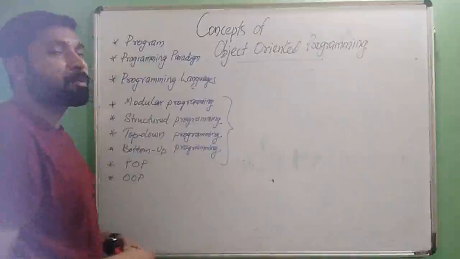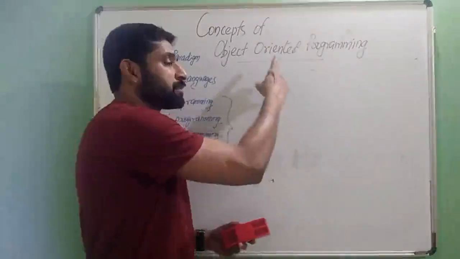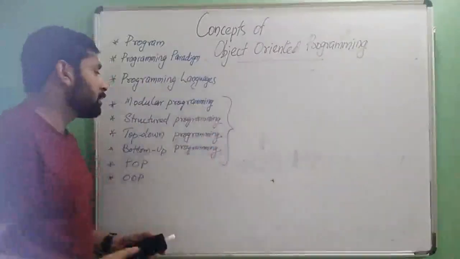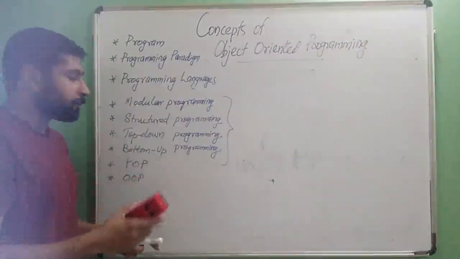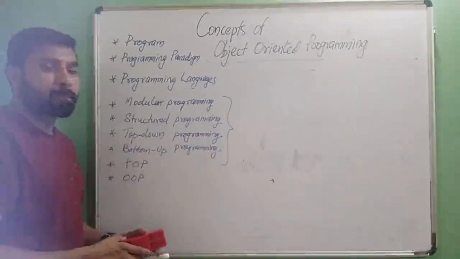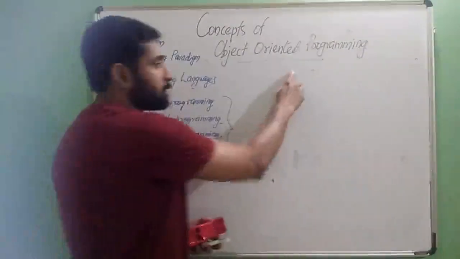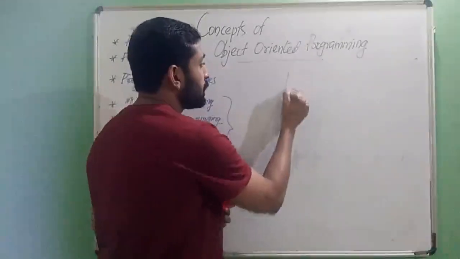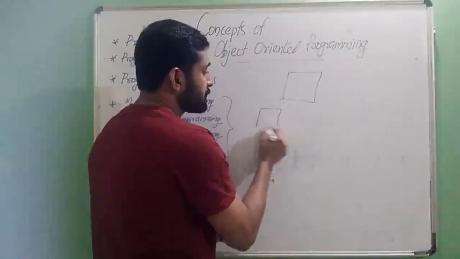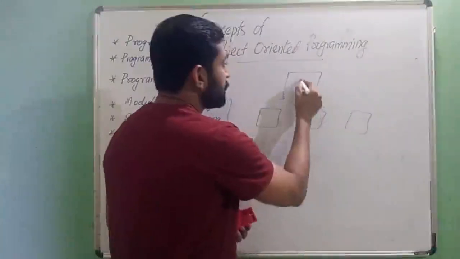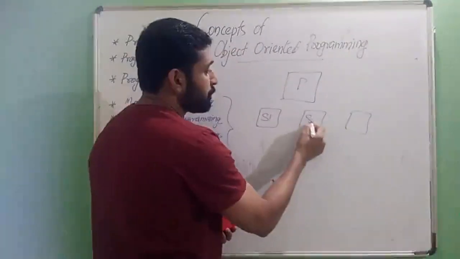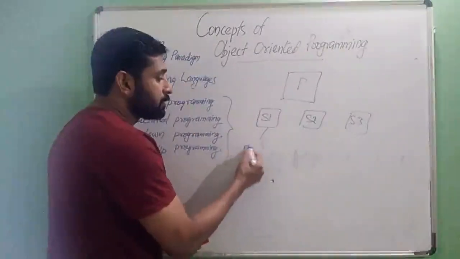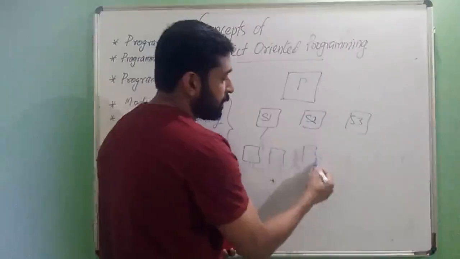Then there is structured programming, in which we are using functions and function calls for solving a problem. Then the top-down modular approach. Again, the larger problem is divided into sub-problems. This is the problem 1. This is divided into S1, S2 and S3. And this S1 is again divided into 2 parts.